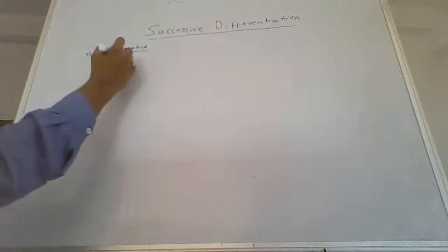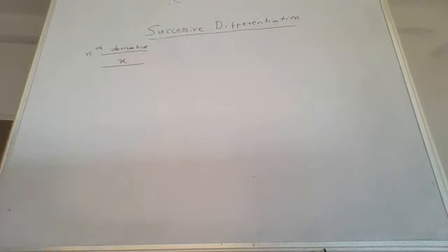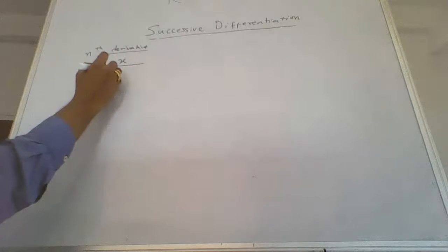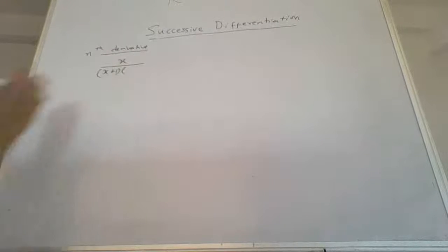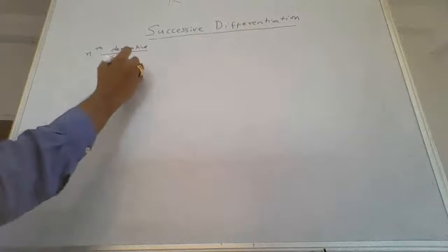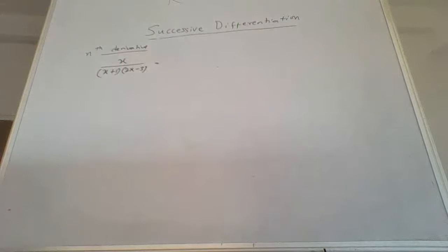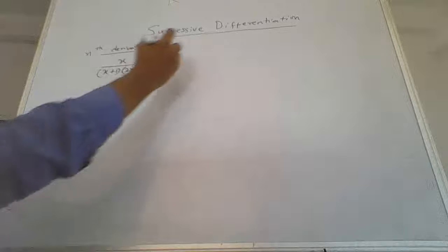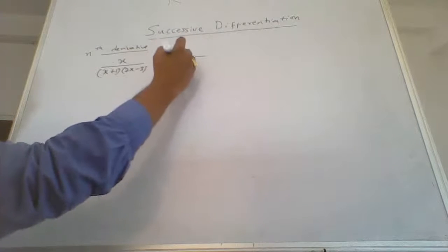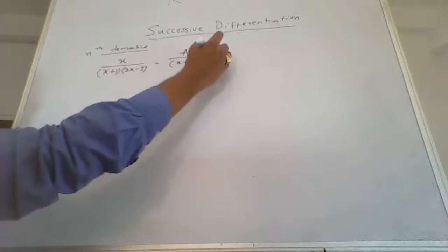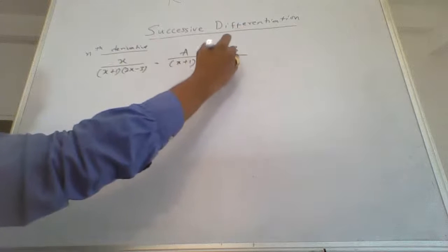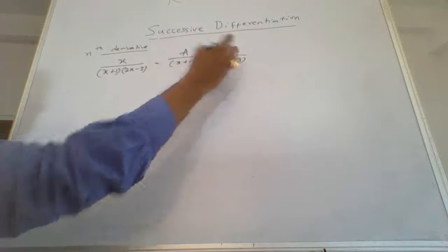Suppose I have x divided by (x plus 1) into (2x minus 3). Let us find the nth derivative of this. Again partial fractions: a divided by x plus 1 and b divided by 2x minus 3.